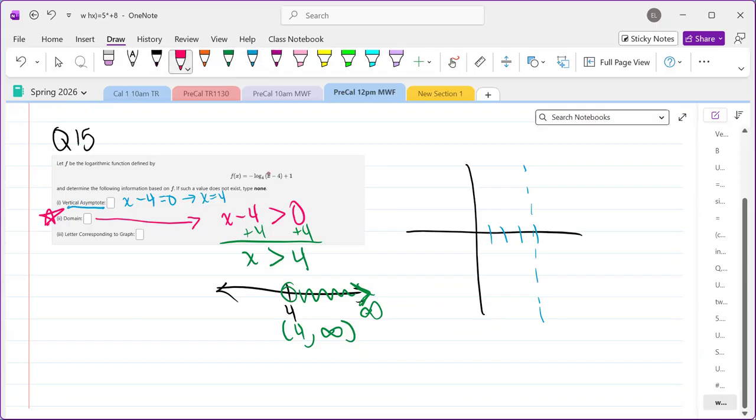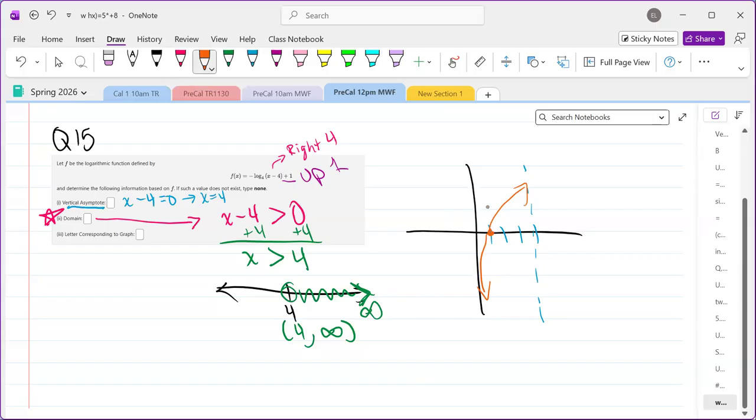Now, our particular graph has some transformations here. So the x minus 4 means we're going right 4. And the plus 1 means the graph is getting shifted up 1. Now, the original logarithm graph goes through the point 1, 0, and looks like that. To the left of that point, it's hugging the y-axis.